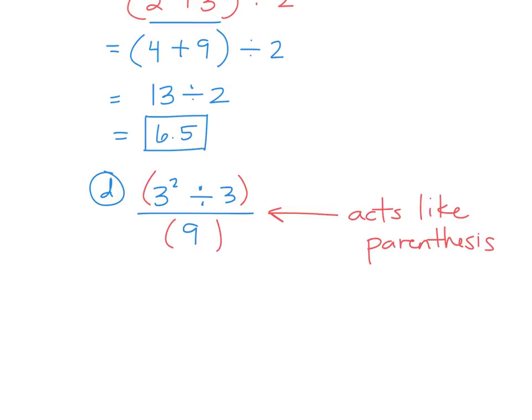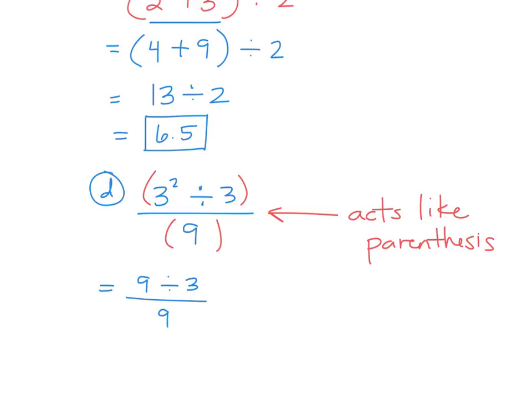So if we start with those acting as parentheses, what should be the first thing we do? The exponent inside those parentheses, right? So you're going to do 3 squared is 9 divided by 3 over 9. What should I do next? Divide 9 and 3.